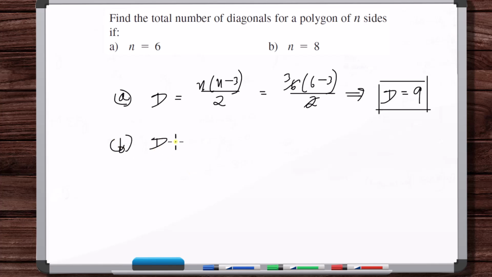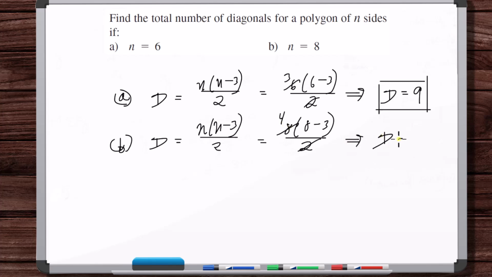Okay, in this case, you've got 8 times 8 minus 3. So 5 times 4 is 20.